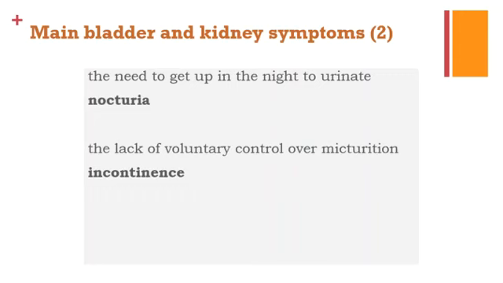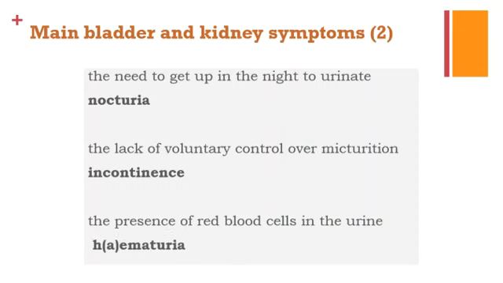It may occur as a result of unconsciousness, injury to the spinal cord or spinal nerves, disease of the urinary bladder, or inability of the detrusor muscle to relax due to emotional stress. Hematuria is the presence of red blood cells in the urine.